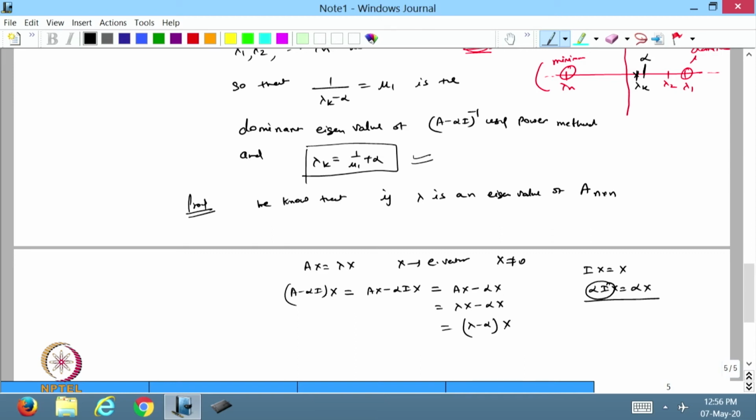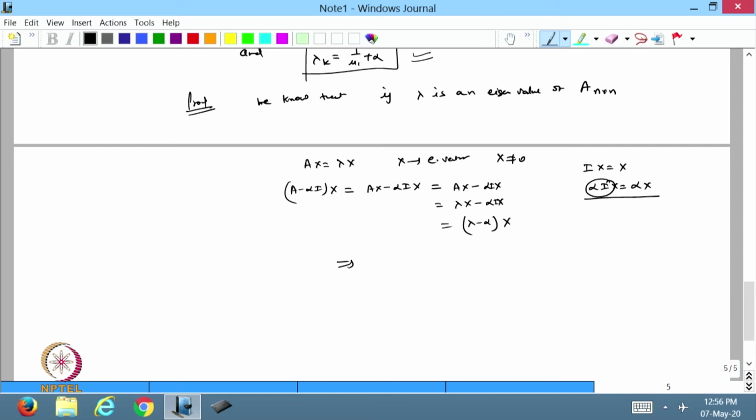So, from here I can write lambda minus alpha times x. This should be a matrix, so I should always put I here, and then lambda minus alpha, and x I can take out. So, I can say that lambda minus alpha is an eigenvalue of A minus alpha I. This is the eigenvalue we are getting.